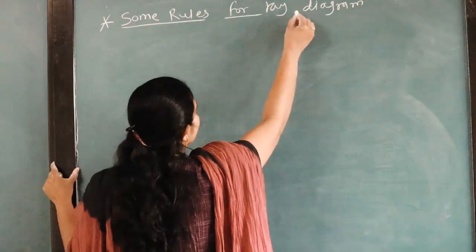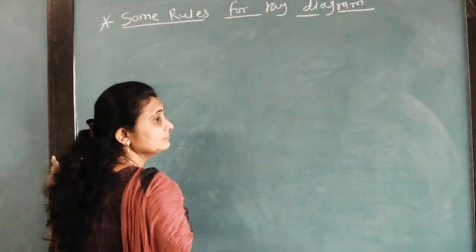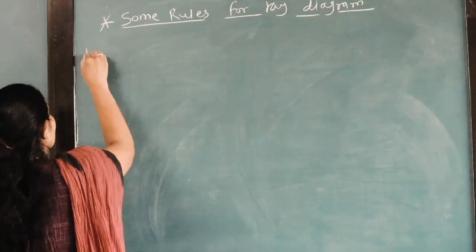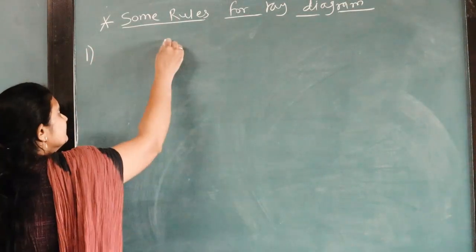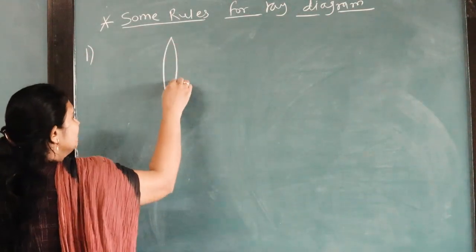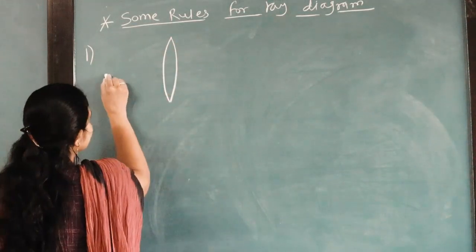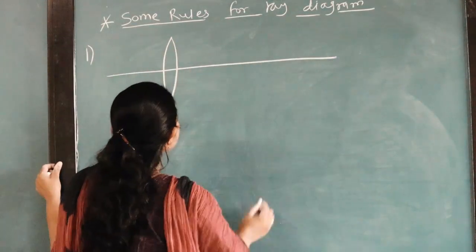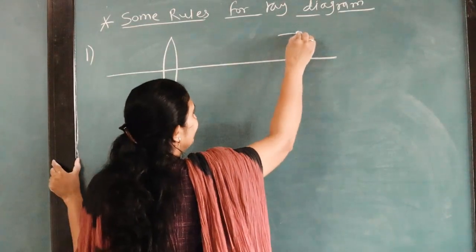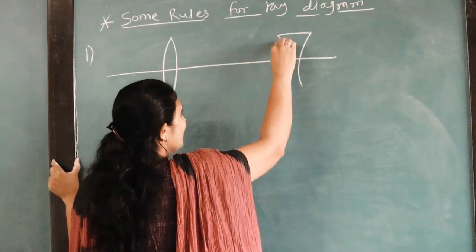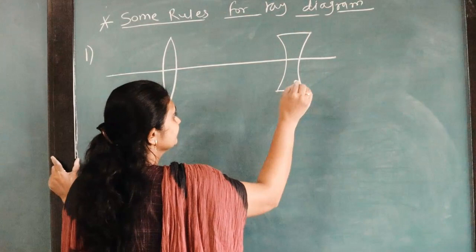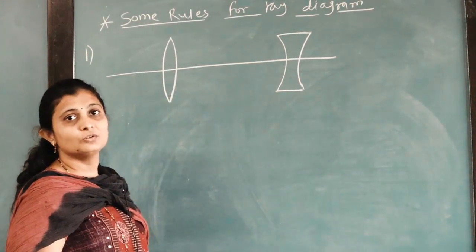There are three rules. First, for the convex lens, the principal axis, here we draw, and the concave lens. Now what is the first rule?